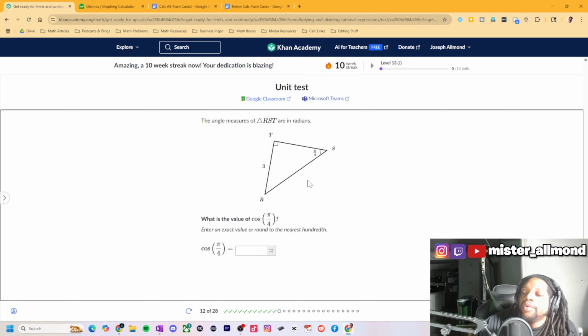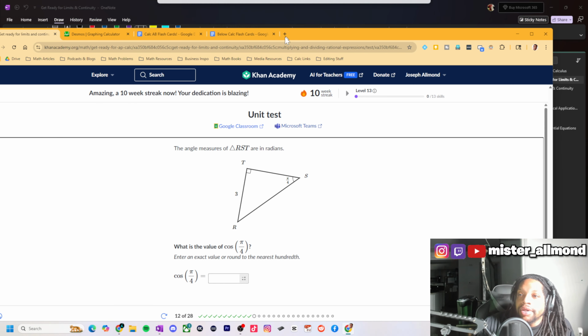If I didn't know that, what I would do is sine of pi over 4 equals 3 over hypotenuse. Then you can use that to solve for hypotenuse. And because it's a right triangle, you can use the Pythagorean theorem to solve for side TS. I guess we could do it that way.